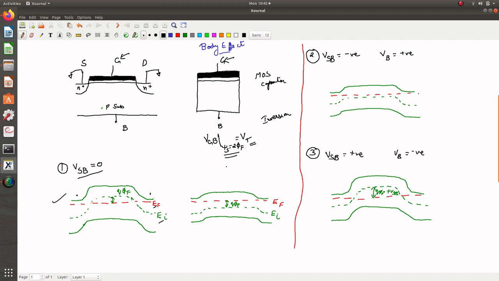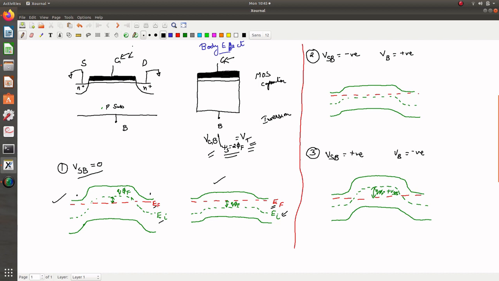Now when we apply a gate voltage, the inversion happens when the gate voltage is equal to the threshold voltage, and the band diagram will be in this fashion. It shows that the energy band level is coming down and the intrinsic energy level is now below the Fermi level by q phi f, which means from q phi f above the Fermi level, it has moved down below the Fermi level by q phi f.